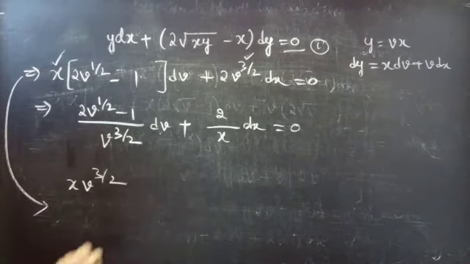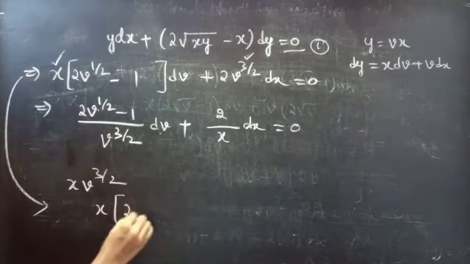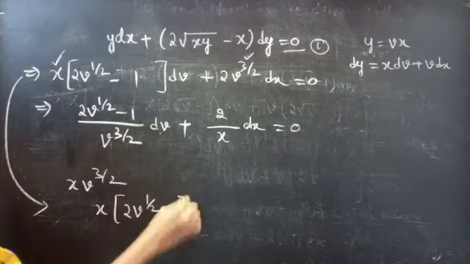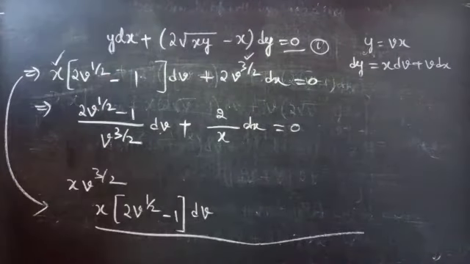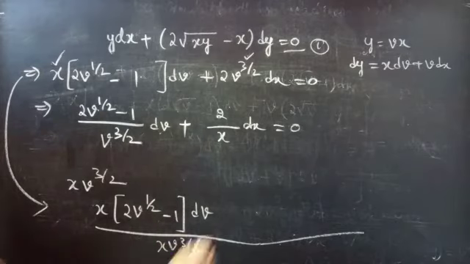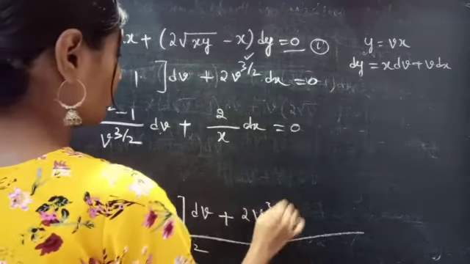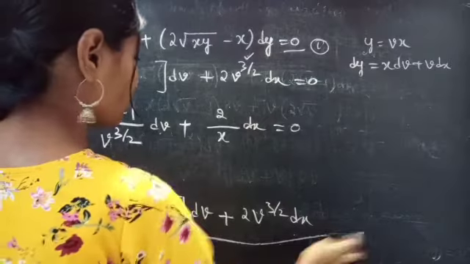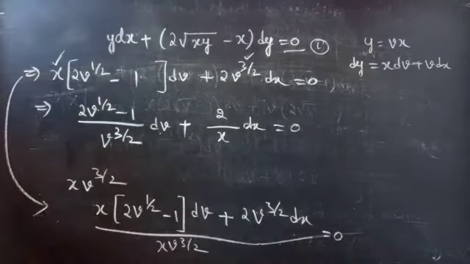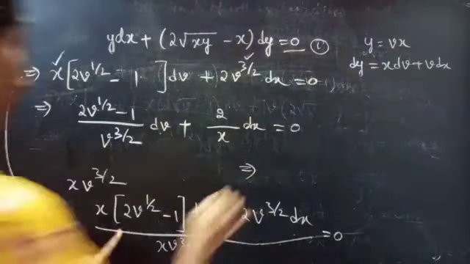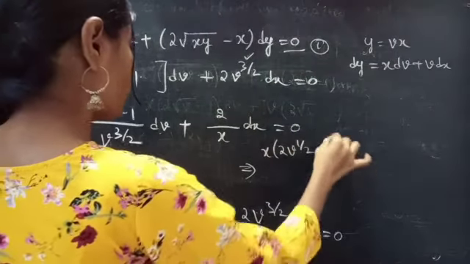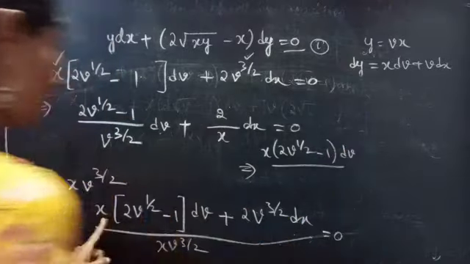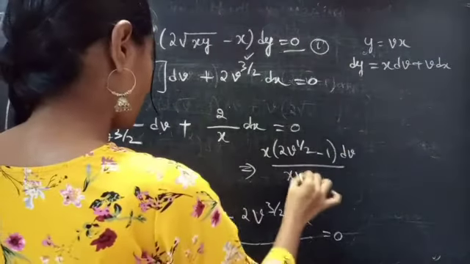Let's see what happens if we divide this equation by this. Then you'll get x into 2 v power 1 by 2 minus 1 into dv by x into v power 3 by 2.